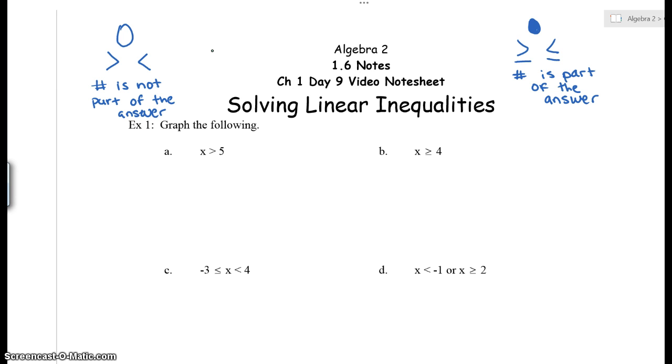Now it says graph the following, and it's giving us x is greater than 5. So what we're going to do is put this on the x-axis, on the number line. Well, we know that 0 is right here, so we're going to go 1, 2, 3, 4, 5. 5 is right there. Since this is greater than, we know it is an open circle, so we're going to make an open circle at 5.